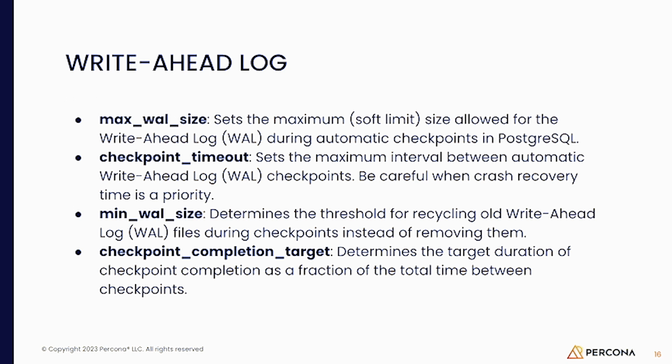And then checkpoint completion target, in the latest versions it's already 0.9. It's a very good default already. Probably no need to tune it. But what this does is when you have a checkpoint, Postgres tries to split the work in 0.9, let's say, 90% of the checkpoint timeout.